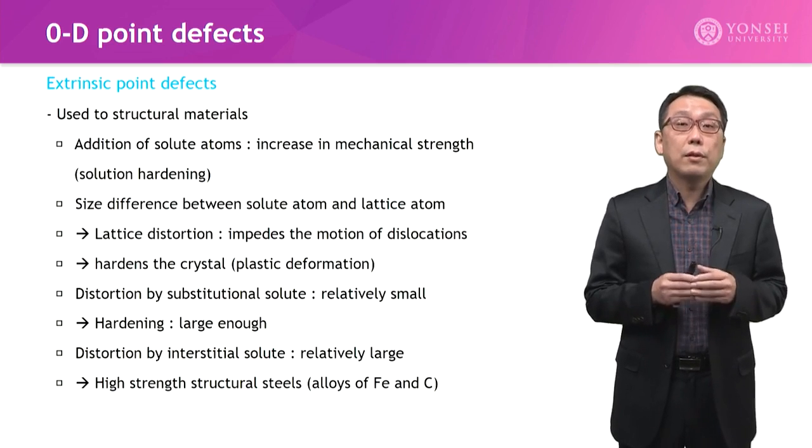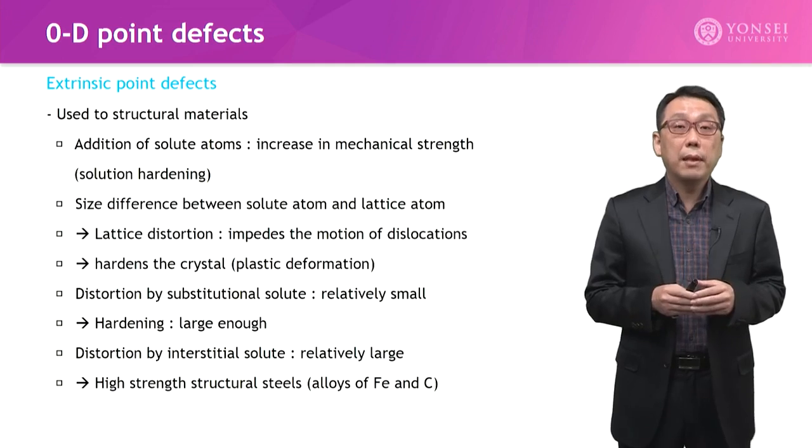Distortion by substitutional solute is relatively small, but large enough for hardening of materials. Distortion by interstitial solute is relatively large, so interstitial solutes can be used for high-strength structural steels such as alloys of iron and carbon.